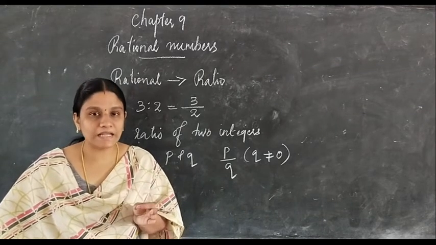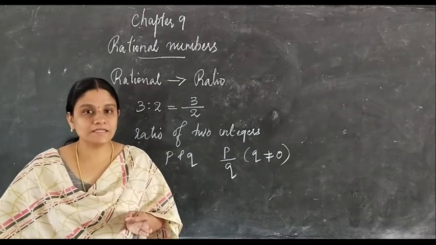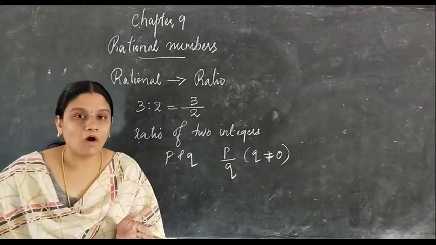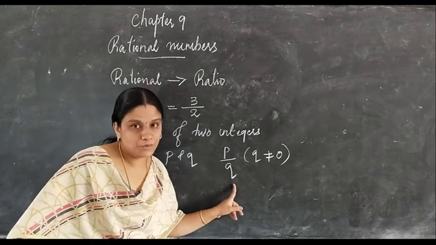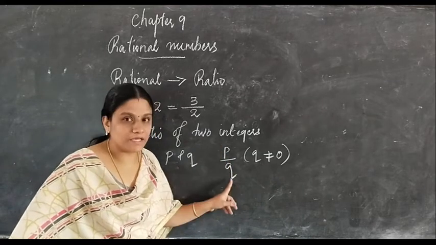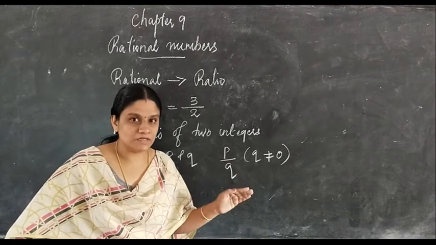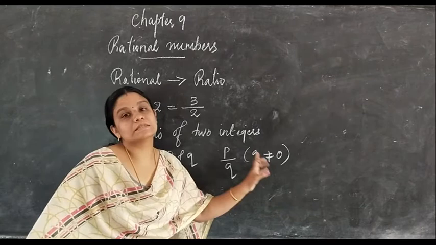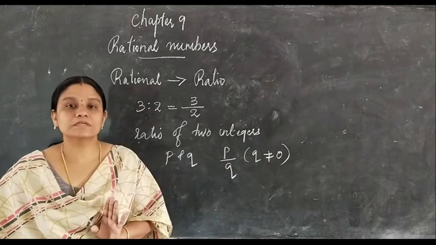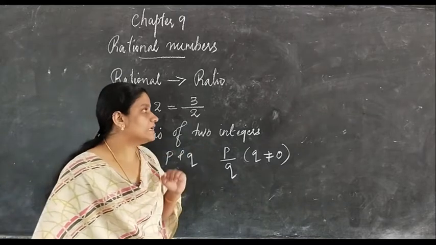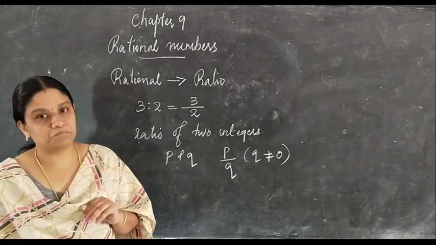A rational number is defined as a number that can be written in the form P by Q, where P and Q are integers and Q is not equal to 0. Now, let us consider a few examples.